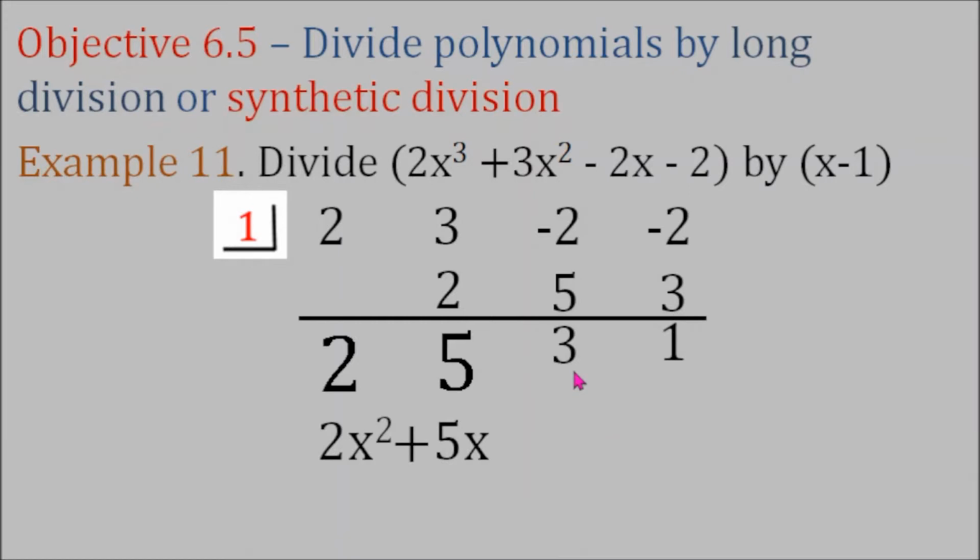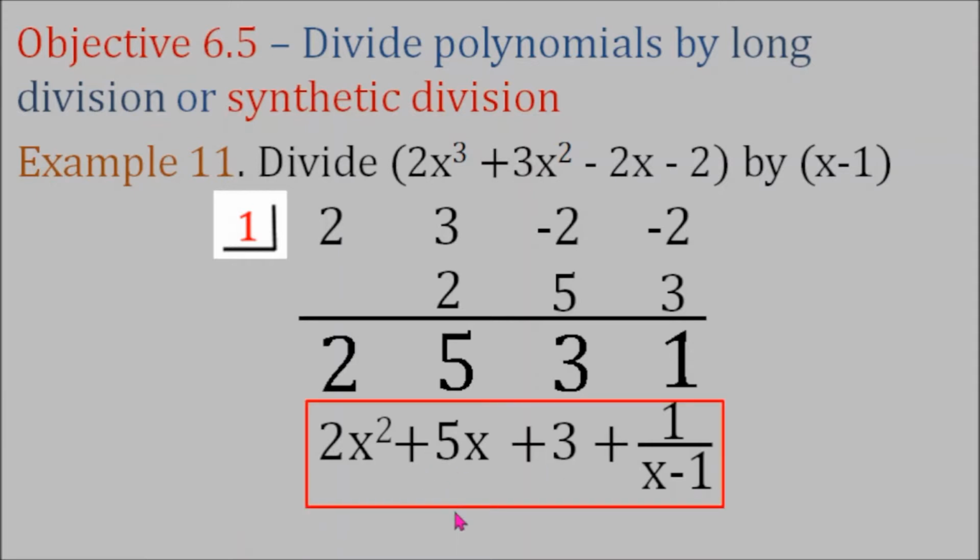And this 3 here is our constant. And then this 1 here is our remainder. So we are going to write a fraction where this remainder is our numerator and the divisor as our denominator. So that's plus 1 over x minus 1. So this is our answer.